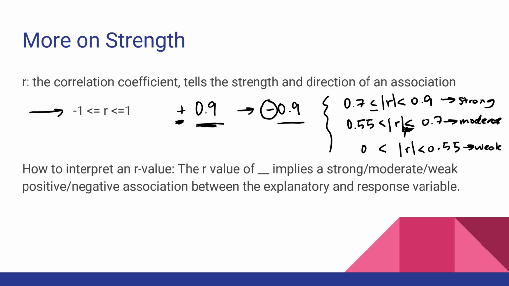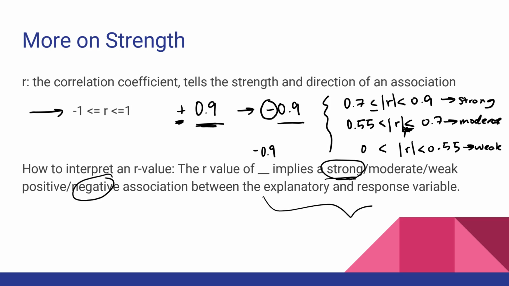So a lot of the times you'll get questions that ask you to interpret the R value. So what you have to say is, first, you have to name what the R value is. So earlier we were talking with -0.9, so we'll put that in. The R value of -0.9 implies a strong negative association between the explanatory and response variable.